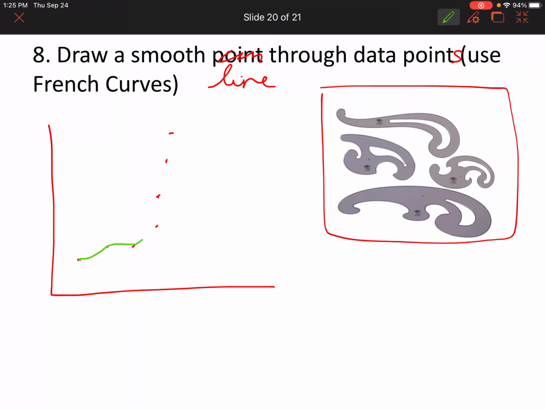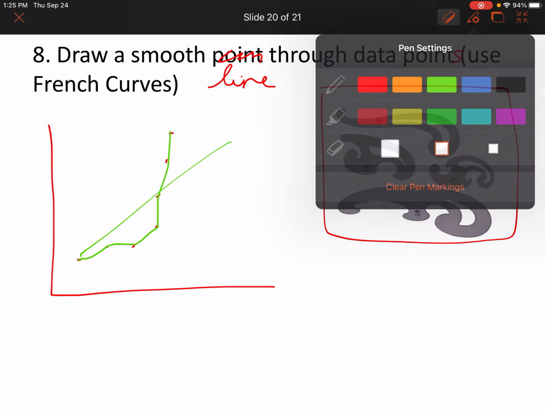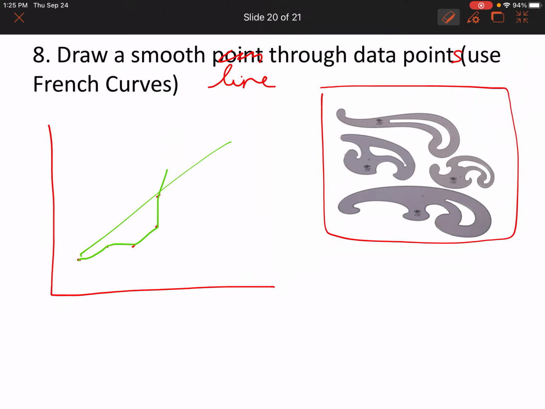So don't connect the dots. That's not what we want to do. And that is what Excel will do for you. If you draw the line in Excel, it will connect the dots, or it'll give you a line of best fit, which would give you a straight line, something like that. You don't want either of those things. You want to do a smooth curve.